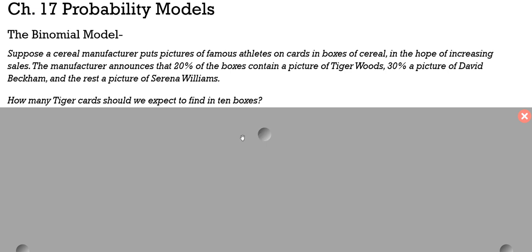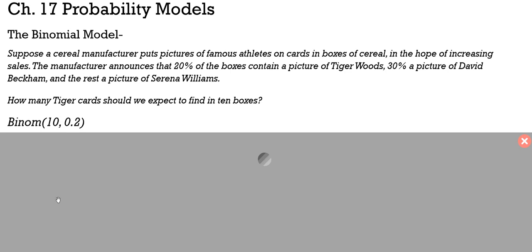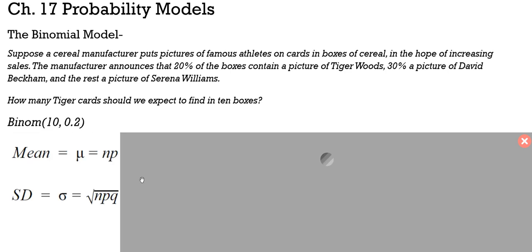If we want to know how many we would expect to find, just like before, we have a mean and a standard deviation. So we've got our binomial model with 10 trials, probability of success 0.2. The mean behaves just kind of like we think it should, n times p.